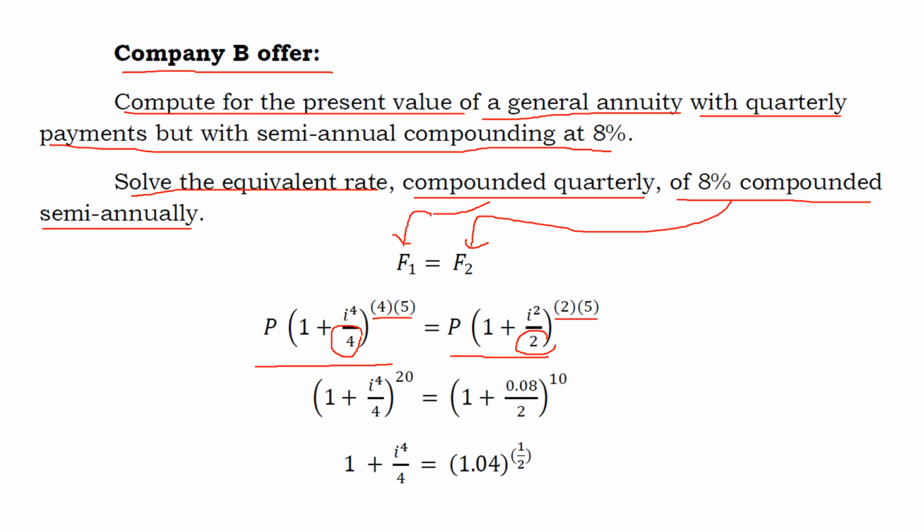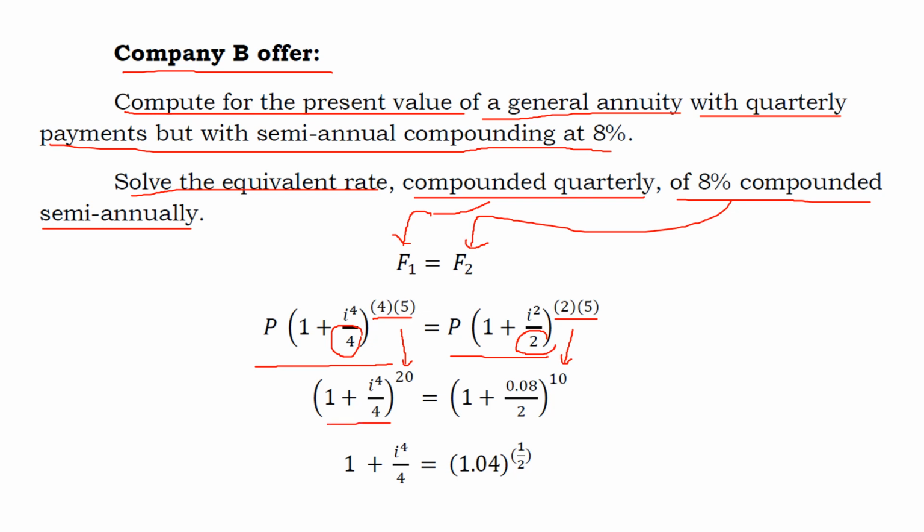So we multiply the 2 sets of 6 months every year by 5 years. And the number of conversion periods, if we simplify this one, will be 10. There are 10 sets of 6 months within 5 years and 20 sets of 3 months in 5 years. So that will be the number of conversion periods.